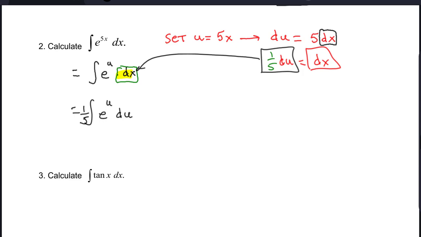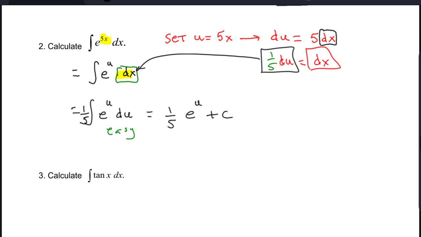Now granted, that one's not as hard as number 1 was, but a lot of students get tripped up by something like number 2, because it seems like it's easy when it's not, because it has a function inside of a function. But the integration is easy now. We turn this hard problem into an easy problem. 1/5, the integral of e to the u is itself, plus c.